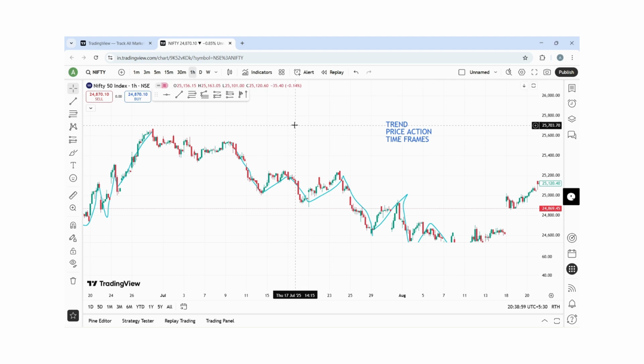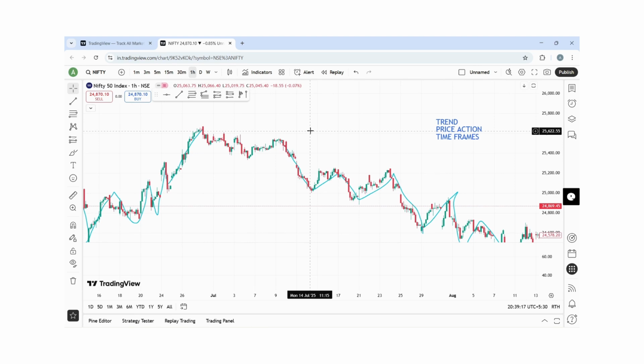At support the market takes a bounce and goes up. And there are certain rules to follow for support and resistance, so that you can see whether the market will break out or pull back. You'll come to know eventually.